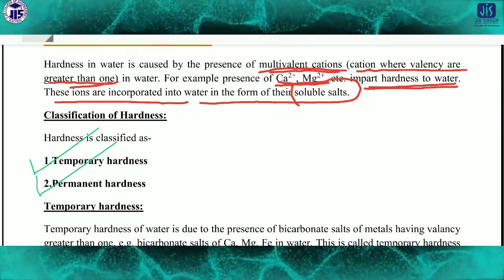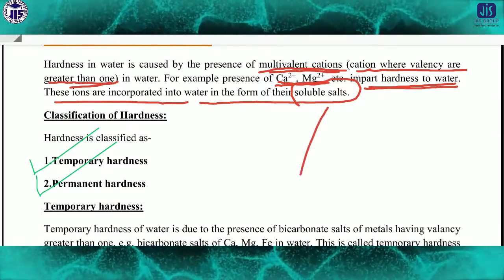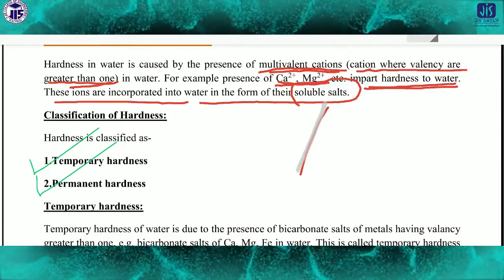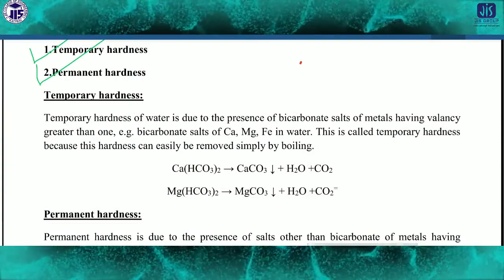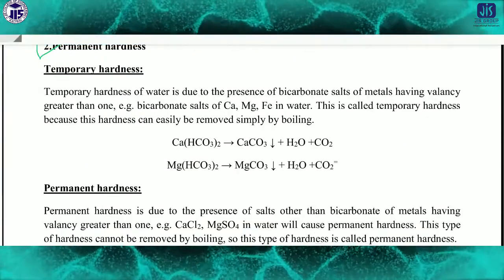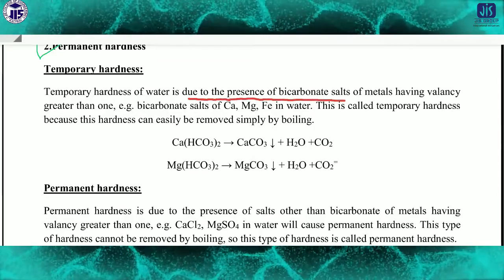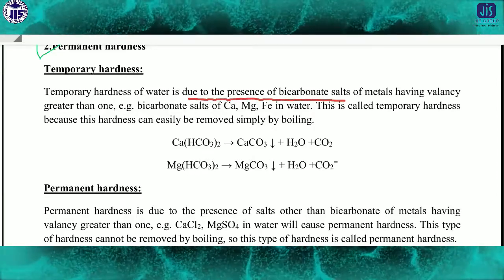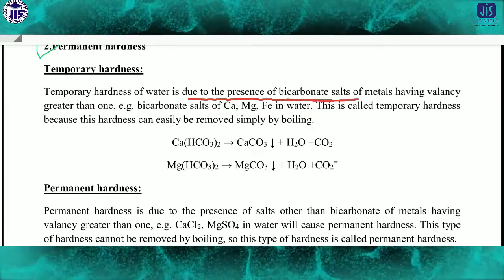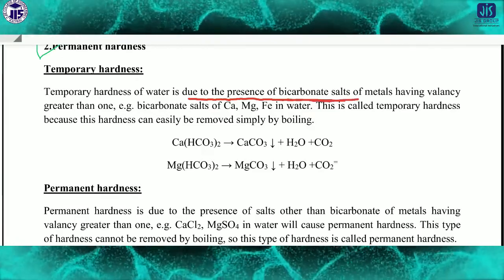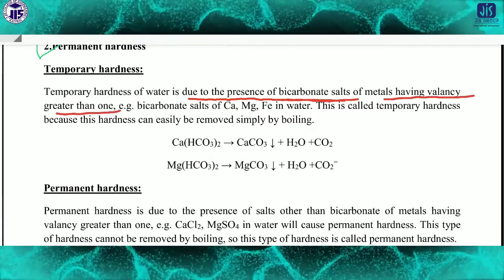From the name I think it is very clear what temporary hardness is. Temporary hardness means, look here, it is the hardness of water due to the presence of bicarbonate salts of metals having valency greater than 1, that means calcium and magnesium.